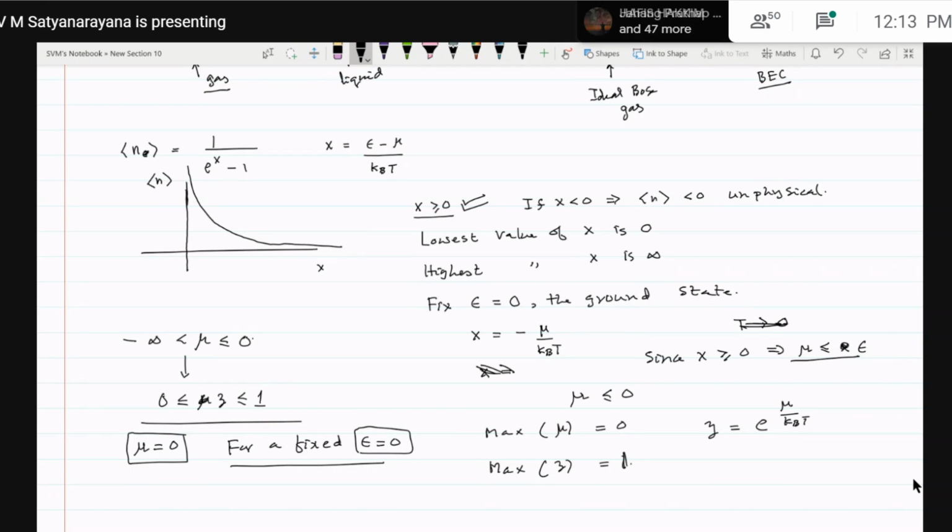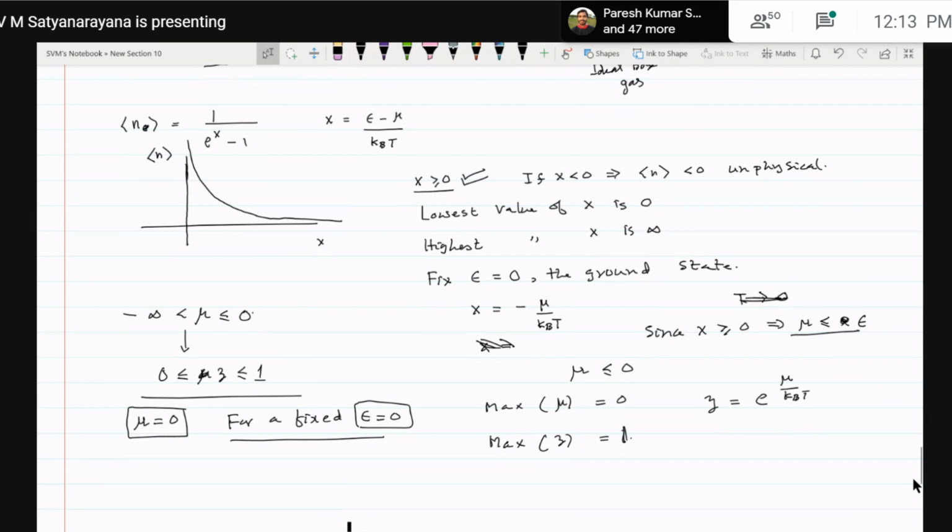And so as T goes to 0, this is already 0. So 0 divided by some small value will also be 0. Only when T becomes exactly equal to 0 do we have that problem, but that is something which we are not interested in. Very close to 0 also, because mu is identically equal to 0, we will have z.